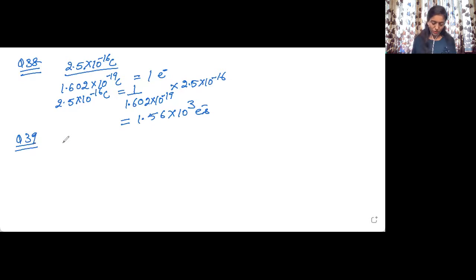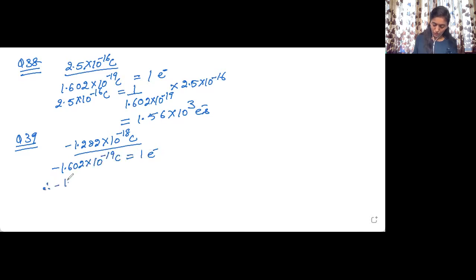Okay, now we have been given that the total charge is minus 1.282 into 10 raised to the power minus 18 coulomb. Okay, and we need to find out how many electrons will produce this much charge. So we can just write minus 1.602 into 10 raised to the power minus 19 coulomb is equal to 1 electron.